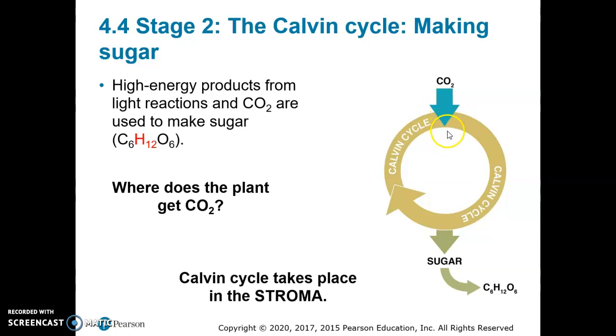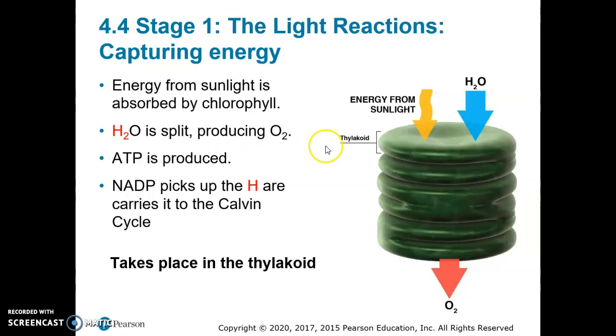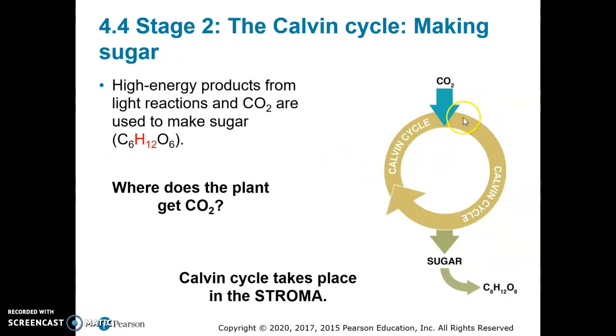Inside there's an enzyme called rubisco, and rubisco takes the carbon dioxide and starts joining them together. While it's joining them together, it adds on those hydrogens. So the hydrogens removed from the water by the thylakoid go out into the stroma, where they are then built onto the sugar.